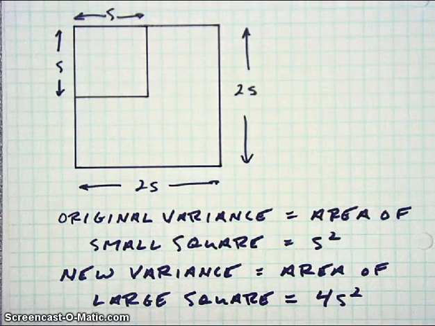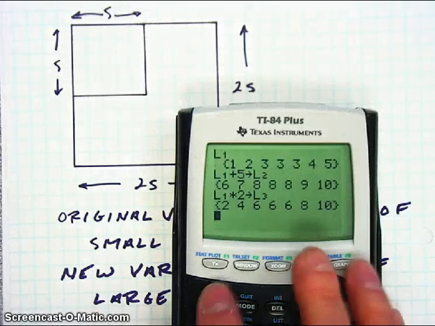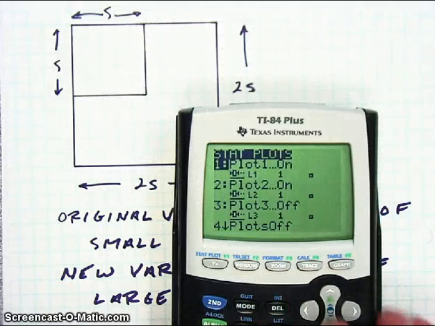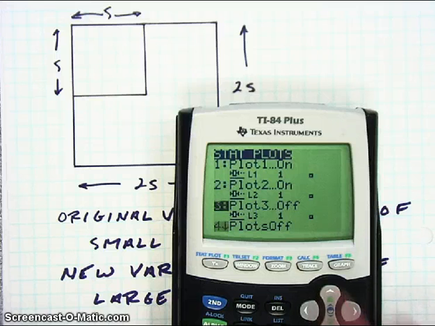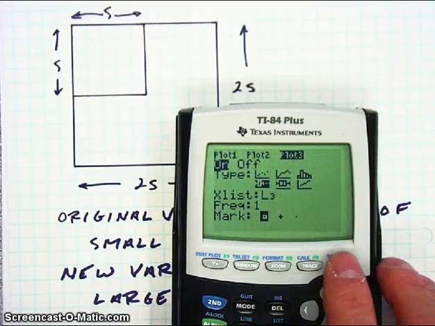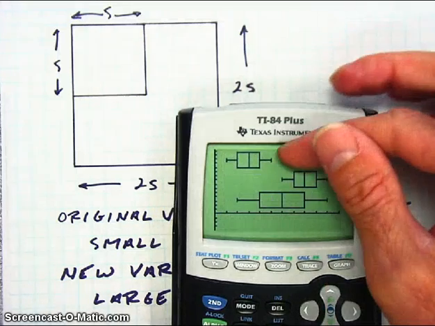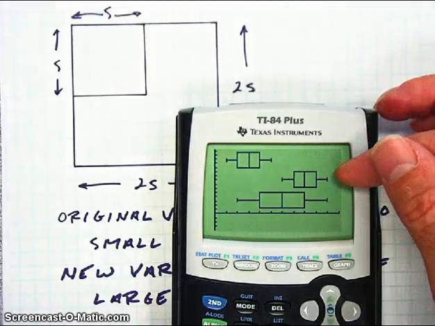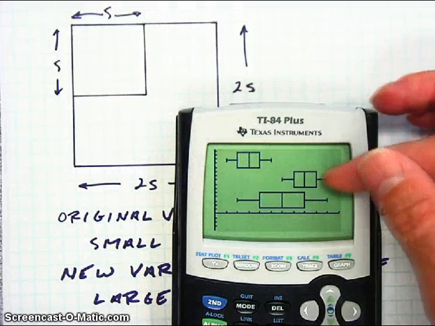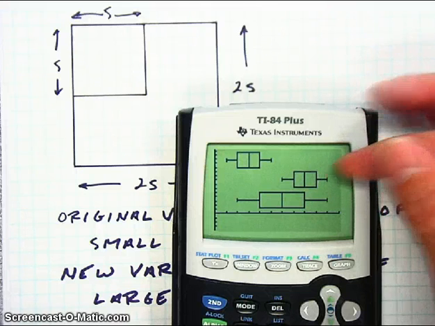Going back to our box plots with these data we were looking at, if we turn the third plot on and then draw the graph, see the 3 box plots. Here's the original box plot. Here's the box plot after we added 5 to all the data values, and it has the same spread as the original, and it will have the same shape as well.